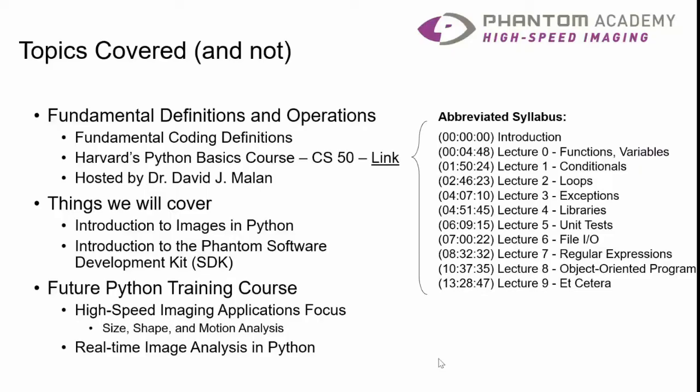We also have a real-time image analysis course lined up as well. That will be hosted by my colleague, Matt Vayner. And that will cover how to use a Phantom machine vision camera together with a Python architecture to do things like real-time image analysis and/or long record time for high-speed cameras.